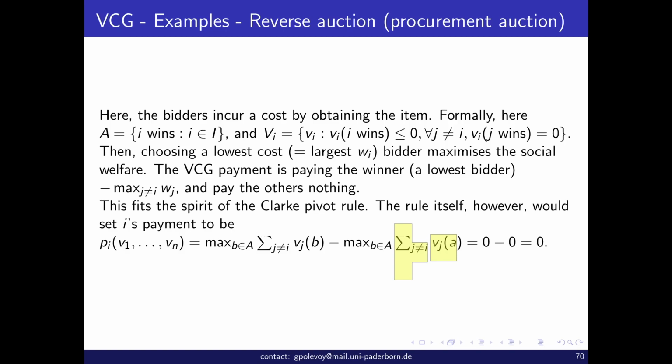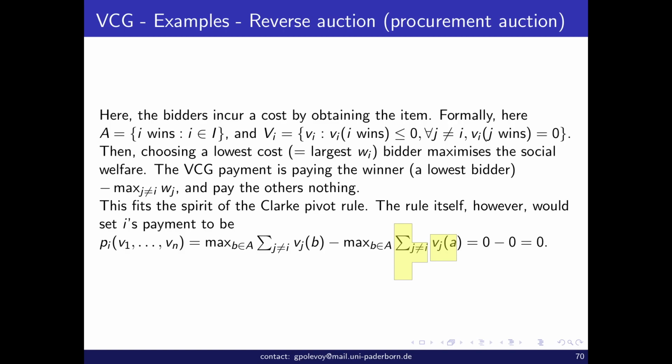Well, that's not Clark. In a second price auction, we choose the player with the largest price. Here we did the same, smallest cost in other words, and it has to pay the cost of the second largest.